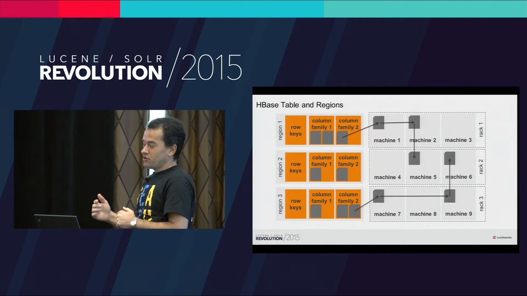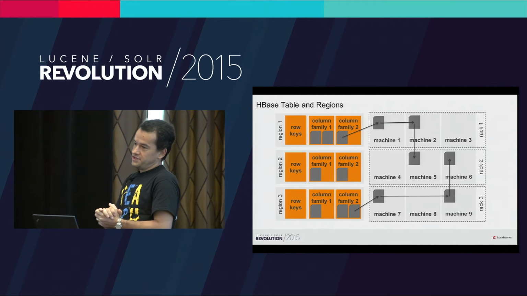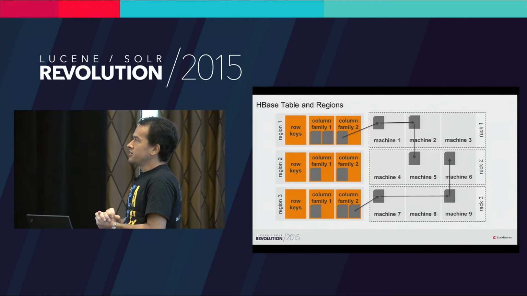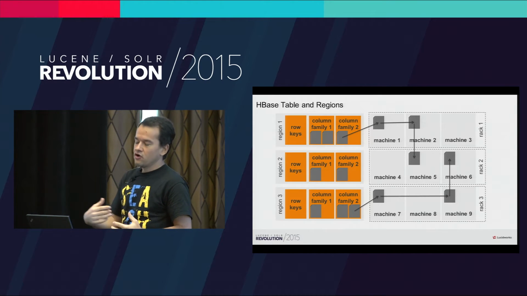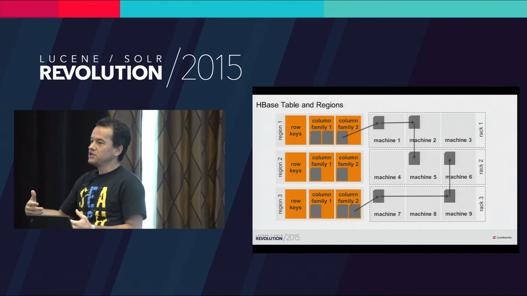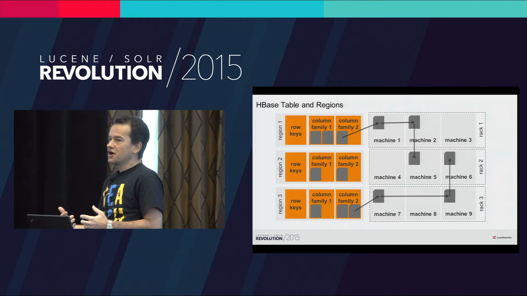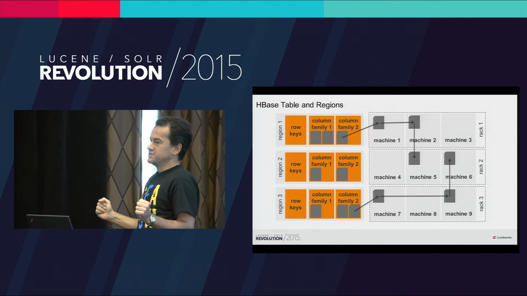What is different here is that I have column families and I have row keys. About the column families, the columns that my records have, those attributes that I'm putting in the Lucene documents are here columns, and those columns are grouped in column families.